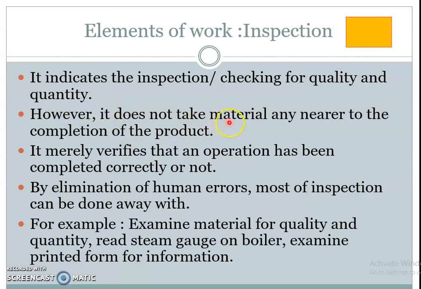However, it does not take the material any nearer to the completion of the product. It merely verifies whether an operation has been completed correctly or not. Inspection is nothing but a step of verification. By elimination of human errors, most inspections can be done away with.